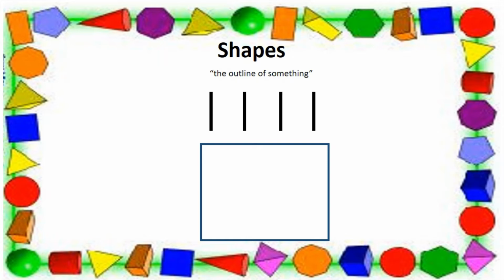There are different kinds of shapes like square, rectangle, triangle, oval, etc. We can use these shapes to draw different types of pictures. In Paint, we also have shape tools.